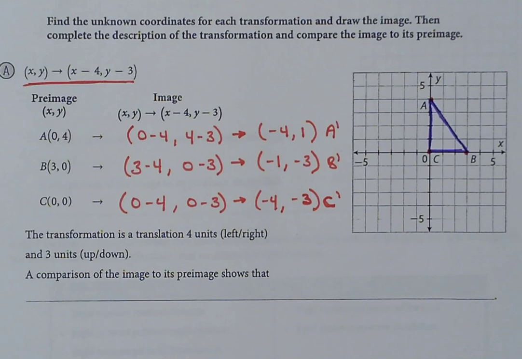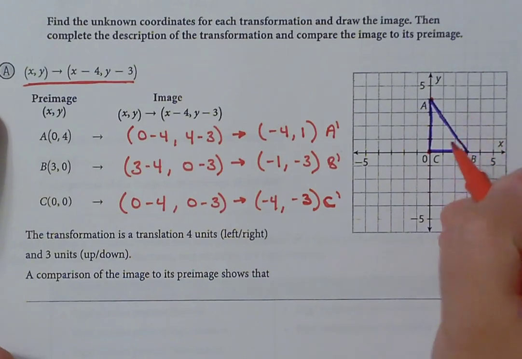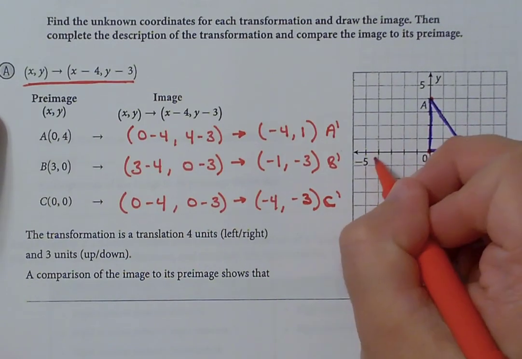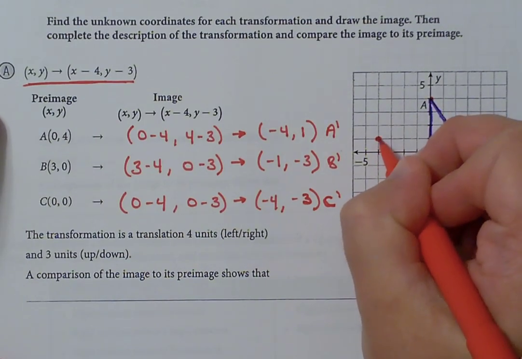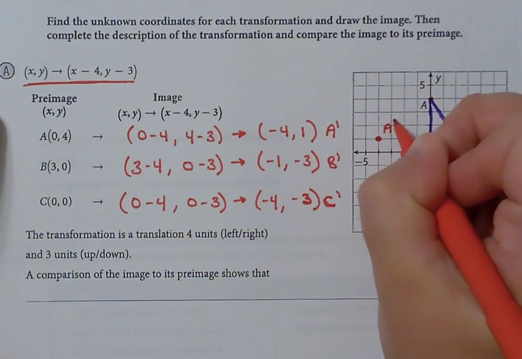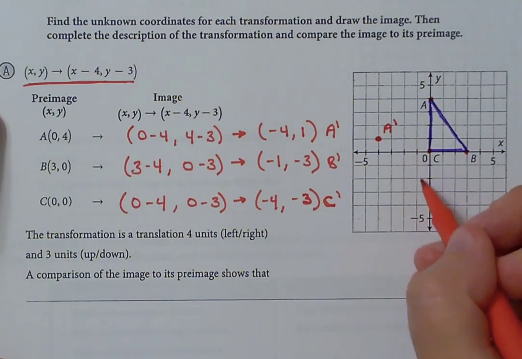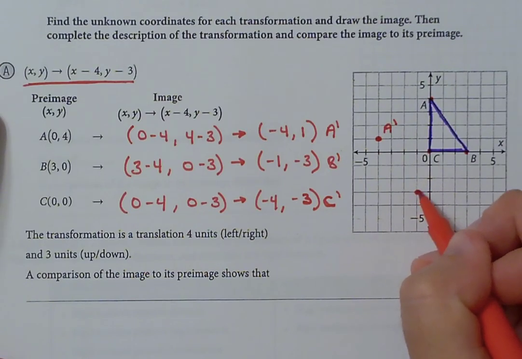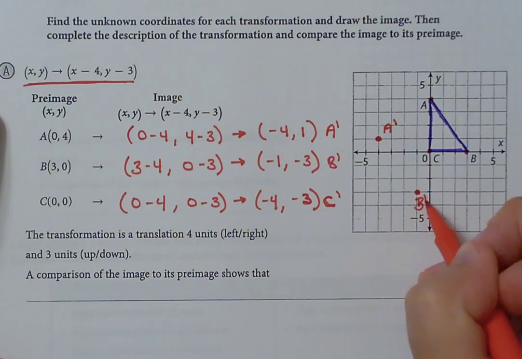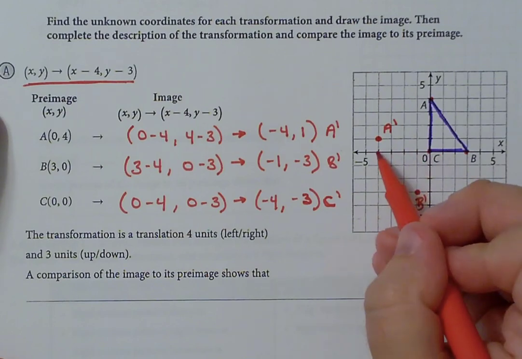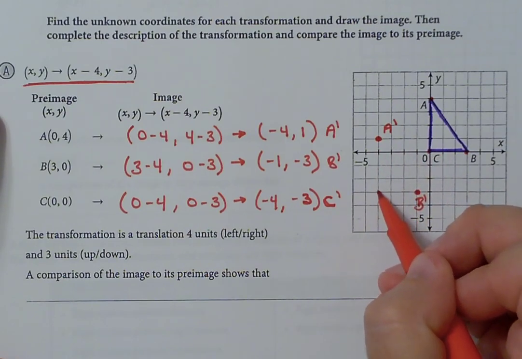Alright, now that I have my transformed points, we're going to go through and draw it on the graph. A prime is going to be at negative 4, 1. B prime is going to be at negative 1, negative 3. And C prime is going to be at negative 4, negative 3.